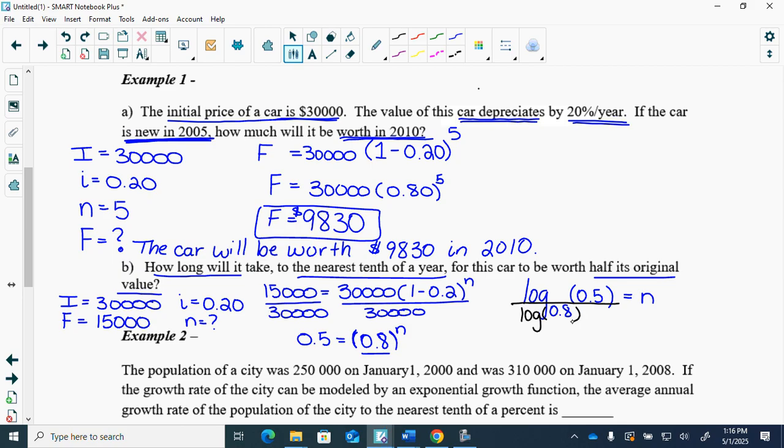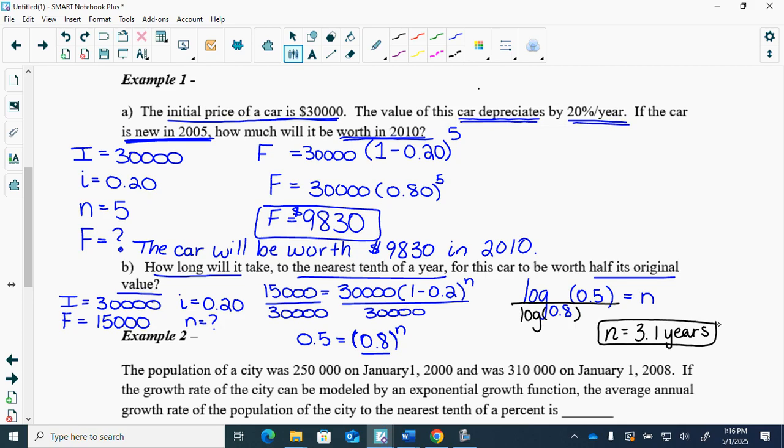So if you have the log base button, my point is, if you have the log base button, use it. Way easier. Okay? All right, what did you get for n? 3.1 years. Why would you do 3.1?